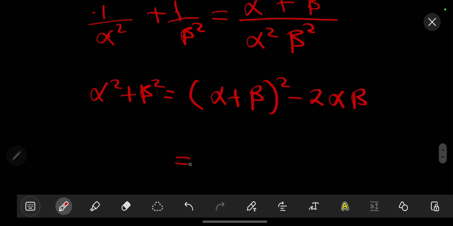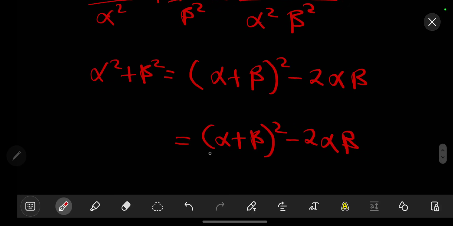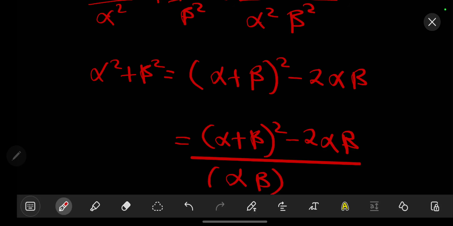So we are going to have alpha plus beta squared minus 2 alpha beta. This is the same as alpha beta squared, both of them have got squared, so it can be written like this.